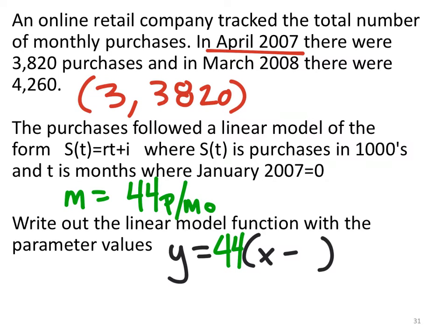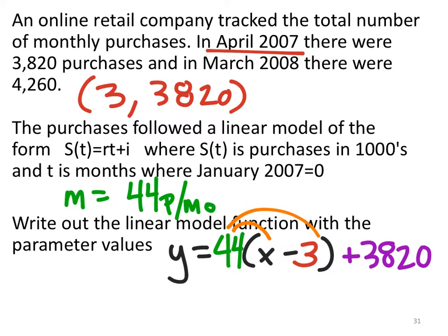Now, if you think that's confusing, you probably should, because it's kind of jacked up that they used January 2007 as 0, but that's the way they did it. So the actual ordered pair that we end up with is 3 as the x value, and positive 3,820 as the y value. And from here, we can solve this.